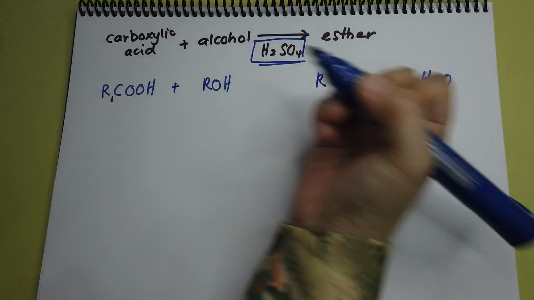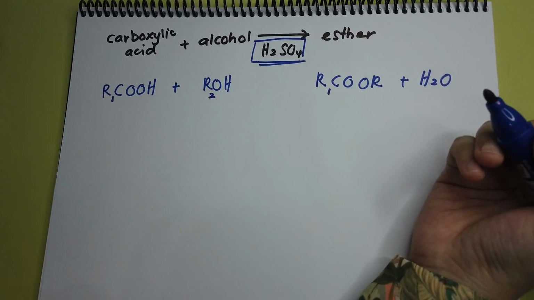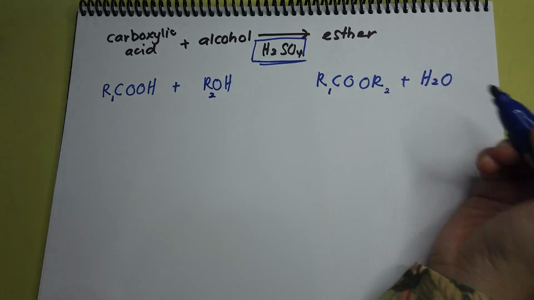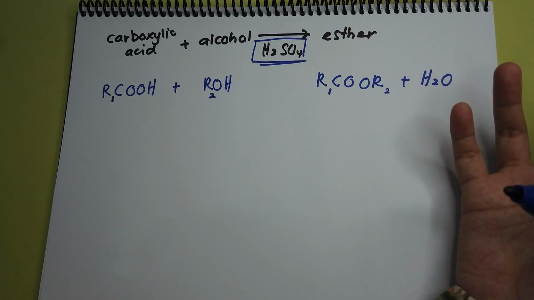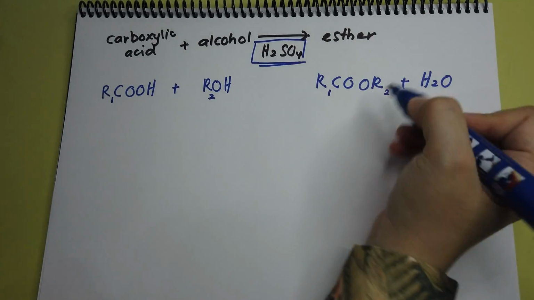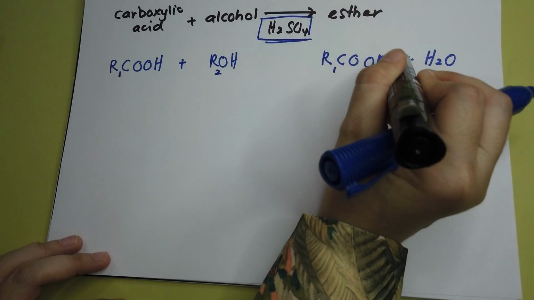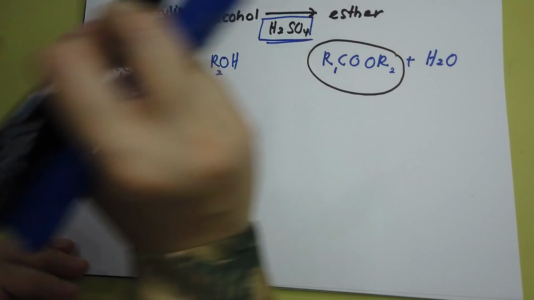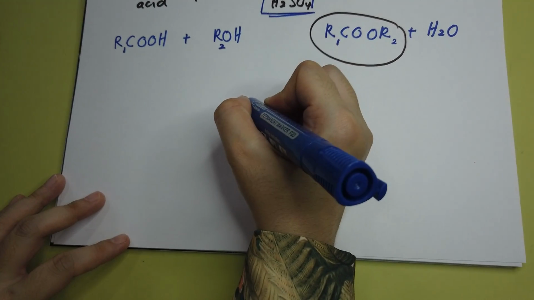So we consider that this is R1 and this is R2. So your R1 should be here and your R2 should be here. If you were to produce an ester, you should have this RCOOR, right? An example of an ester is this one.